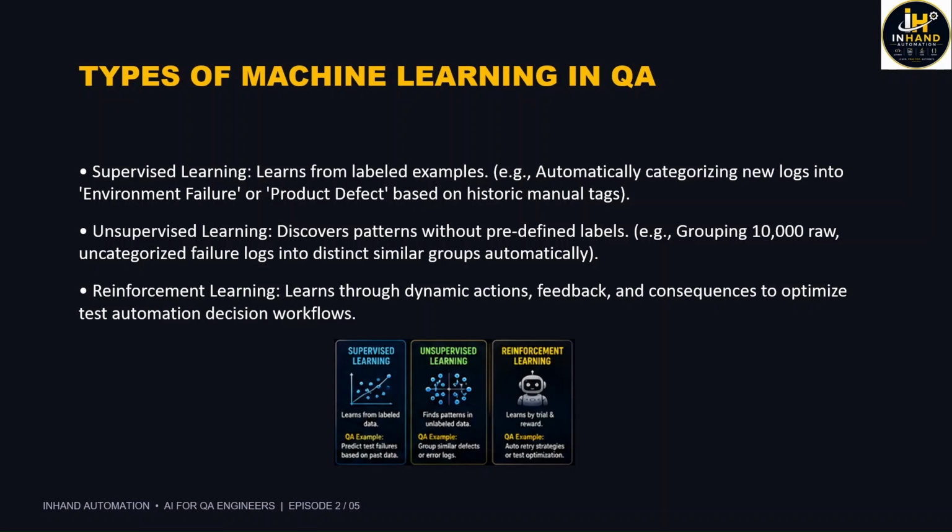Now, let's move to another type of learning, which is reinforcement learning. In reinforcement learning, again, Rahul creates an intelligent system that can make decisions. The system can choose an action. If the action produces a good result, it receives a positive signal. If the action produces a bad result, it receives a negative signal.